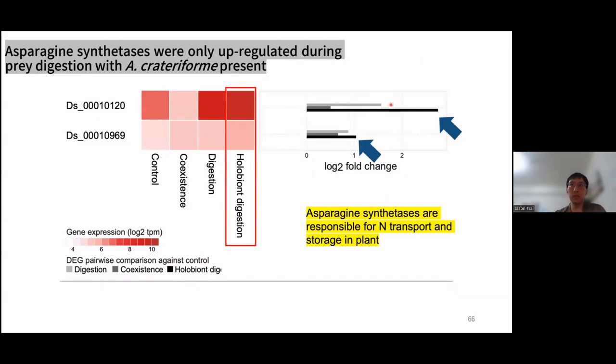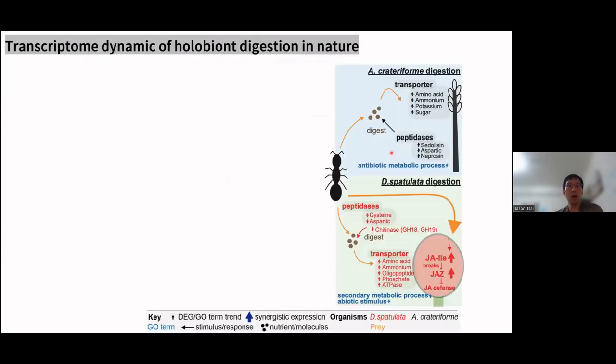So it clearly shows the marked increase in asparagine synthetase activity, and it underlines a strategic nitrogen assimilation facilitated by the fungal partner, which helps maximize nutrient retention and utilization. All these combinations of comparisons allow us to dissect and provide a comprehensive view of the transcriptome dynamics occurring during holobiont digestion in nature.